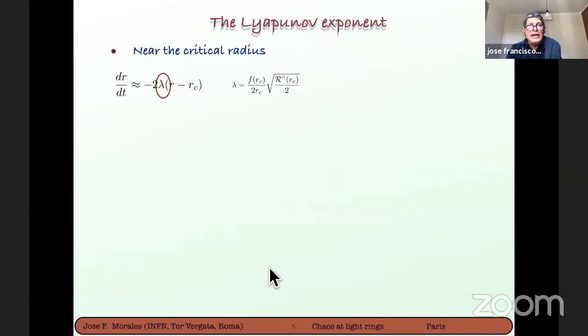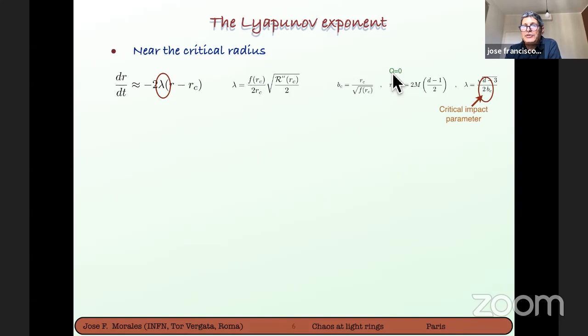Okay, now we come to the quantity we're interested in. We can expand all the formulas I wrote before around the critical point. Essentially, what you find is that the radial velocity vanishes at the critical point, and this coefficient lambda measures how fast is this vanishing rate. You can write very explicit formulas for lambda, b_c, the critical values, and so on.